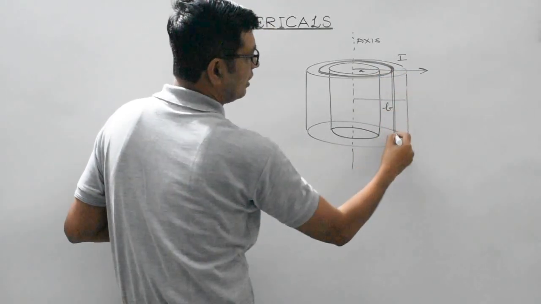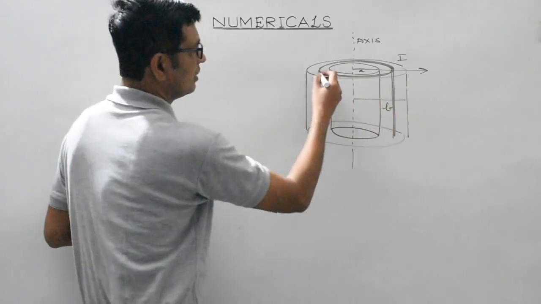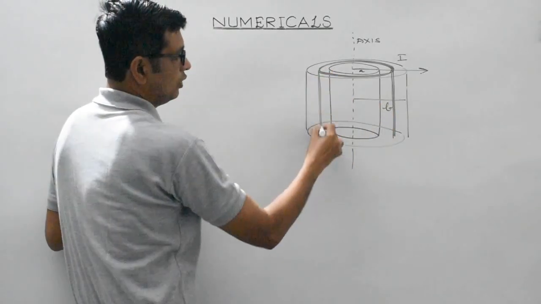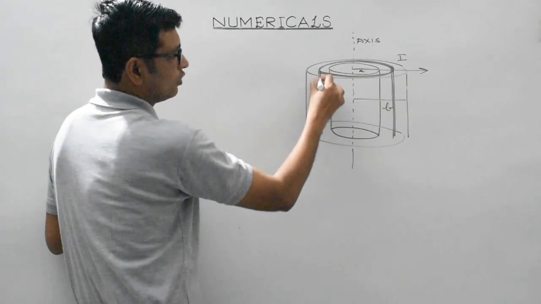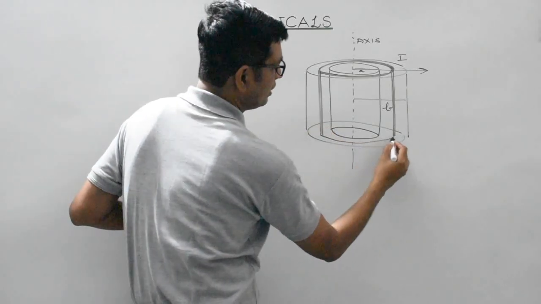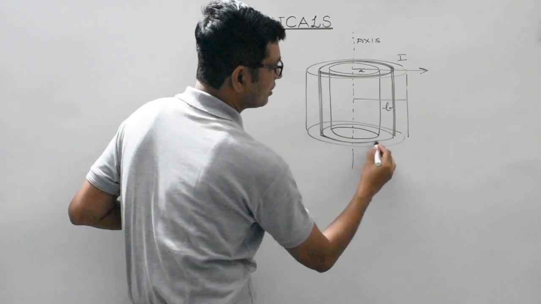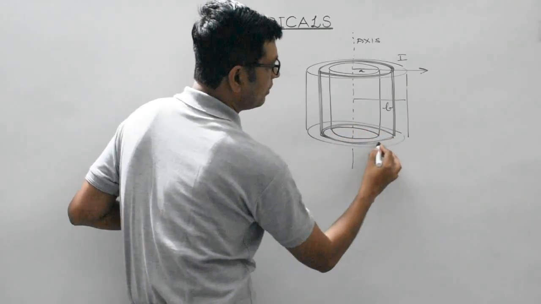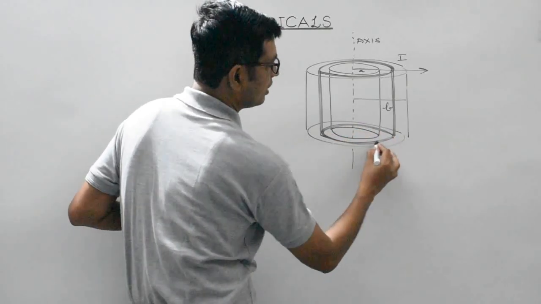We will try to find the small resistance offered by this elementary cylindrical shell, and thereafter, as done previously, we will integrate it by taking suitable limits. That should give us the result.